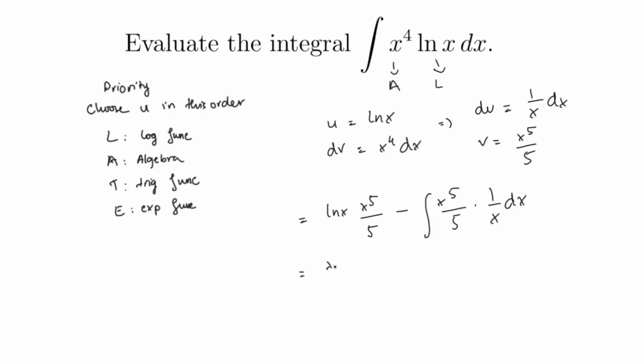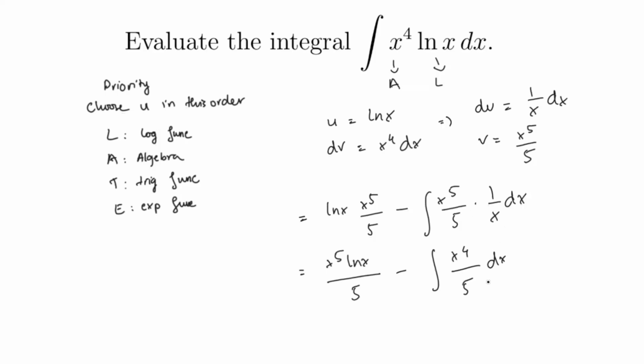So this is equal to x to the 5 natural log of x over 5, minus the integral of x to the 4 over 5, because x cancels out.